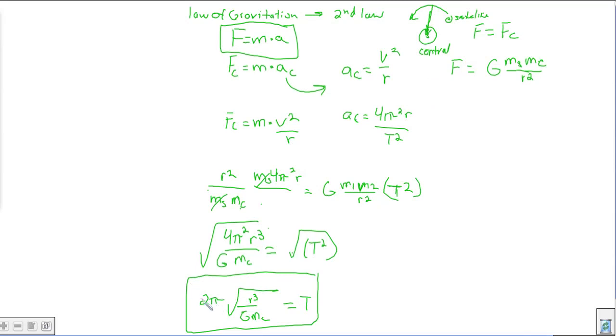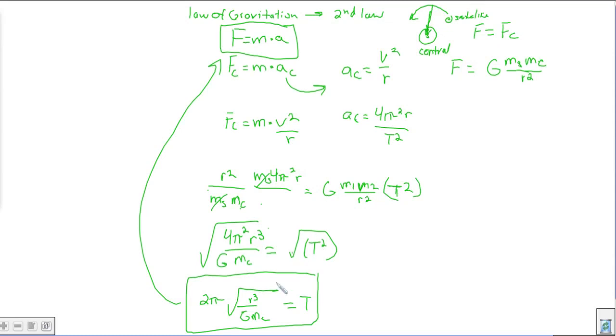And all of this, remember, this entire formula right here is actually just this. If you're a little bit confused on that, just follow through. This is force of centripetal. We just took apart the acceleration of centripetal into its parts, and we put it right there, and we figured out that it was equivalent to that, set them equivalent to each other, and figured out that we could isolate for time.